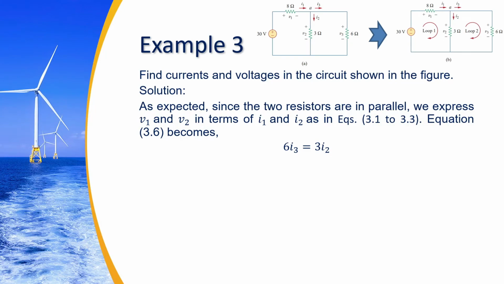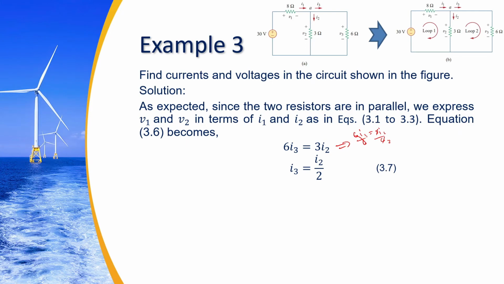So, therefore, kunin natin yung equivalent value ng I3, so ganito yung kalalabasan. So, from this equation, 6I3 is equal to 3I2. So, divide lang natin siya both side by 6. So, magiging I3 is equal to 3 over 6 is 1 half. So, magiging I2 over 2. Okay, so ayun yung equation 7 natin.